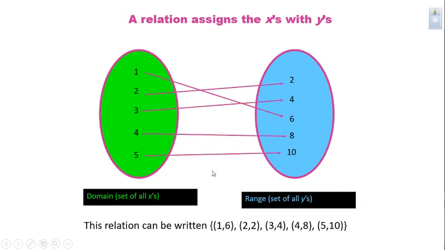The ordered pairs that correspond with this relationship are (1, 6), (2, 2), (3, 4), (4, 8), and (5, 10). Those make up the relation.